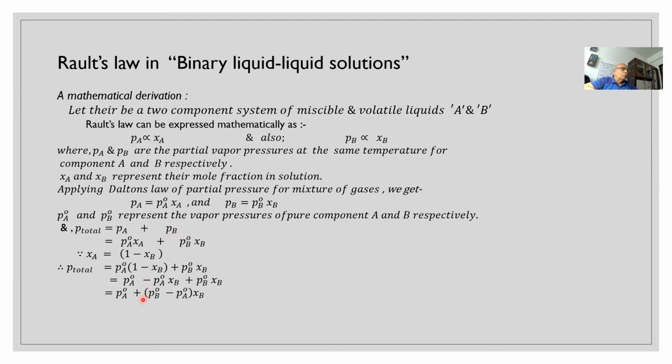Now, to make it more convenient for us, we have made certain mathematical simplification. It should not be very difficult to go through it. We have just substituted P naught A XA for PA, and P naught B XB for PB. It is known that these different mole fractions need to be simplified.